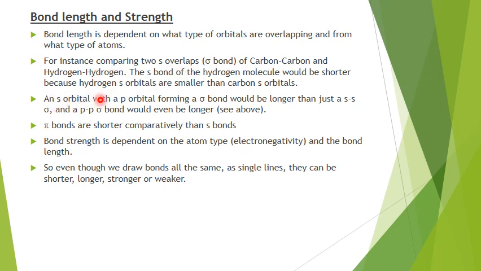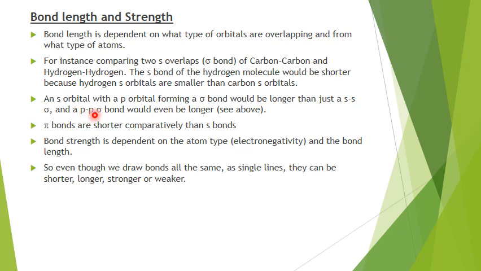All right, an s orbital with a p orbital forming a sigma bond, like I showed a couple slides ago, where you had S, a circle, with the lobe of that figure 8, is going to be longer than if you just have two spheres.